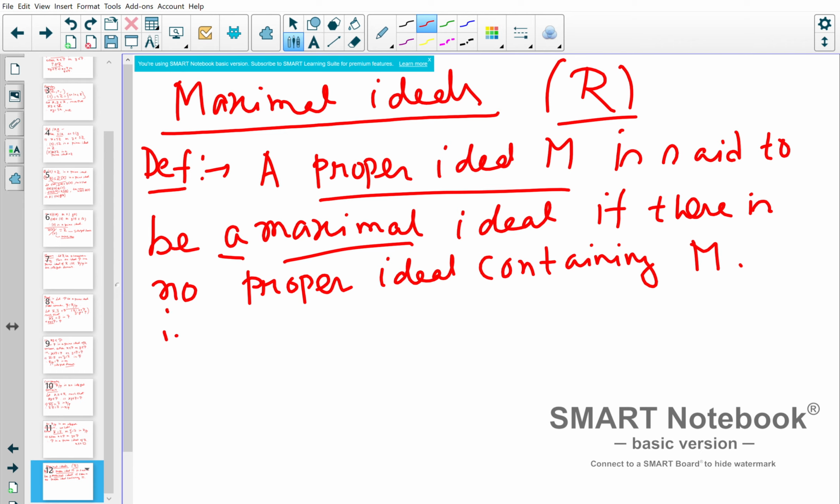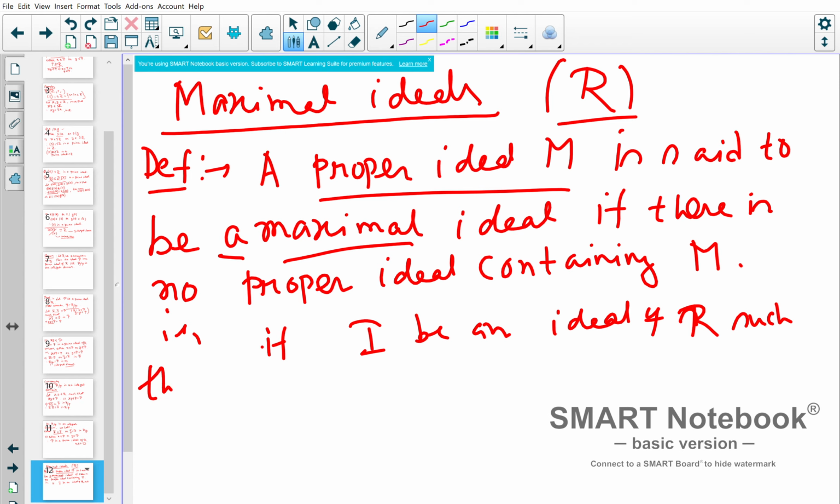Mathematically, if you choose some ideal I of R such that M is a subset of I which is a subset of R, then there can be two possibilities.